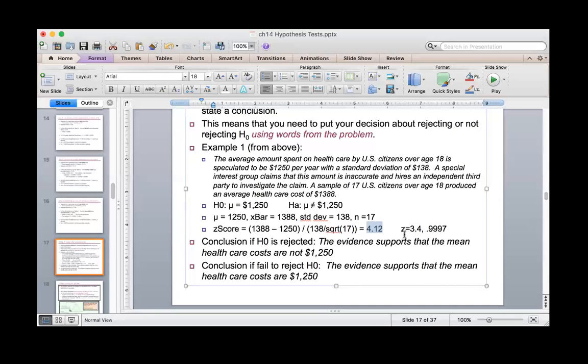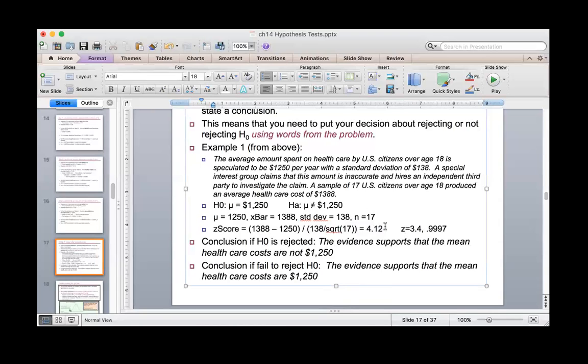And so what you really want from the hypothesis testing is the tail area. You want either tail area, the right or the left. So the z is 4.12. The tail area to the right is almost 0.